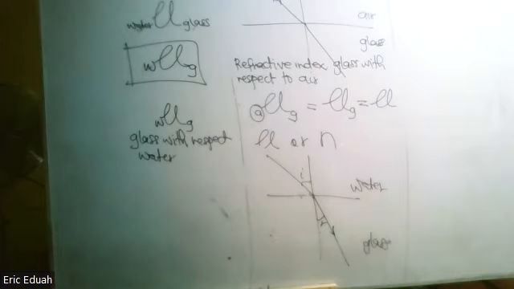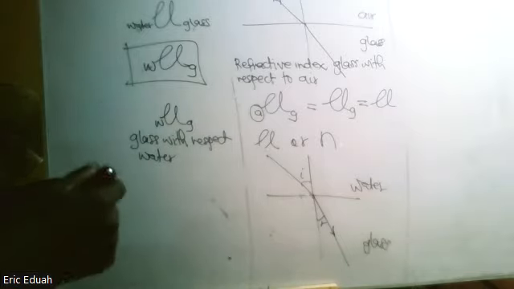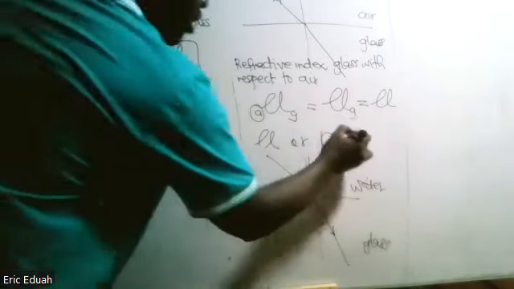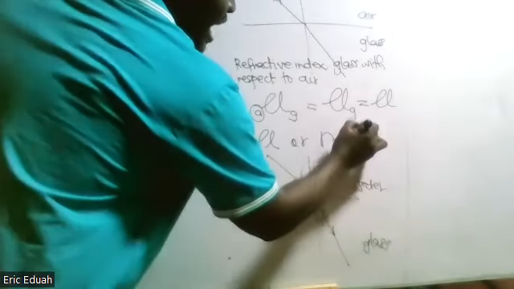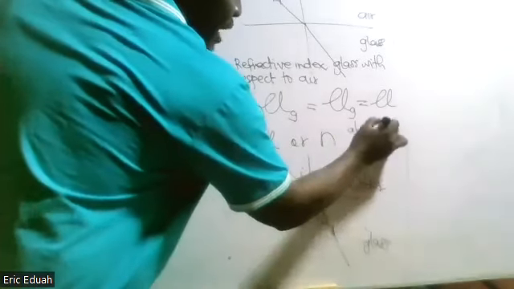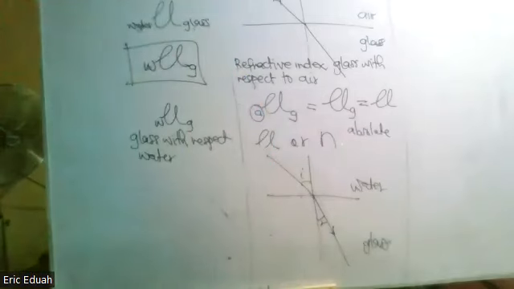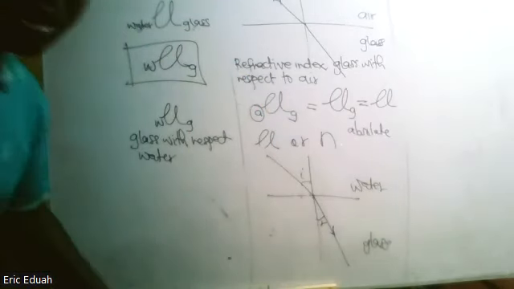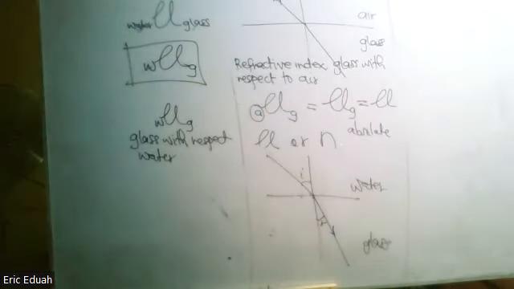Are we okay? The only significance of the whole concept is just giving you a clue of what the first medium is. The word absolute describes the first medium, and it must be absolutely air.